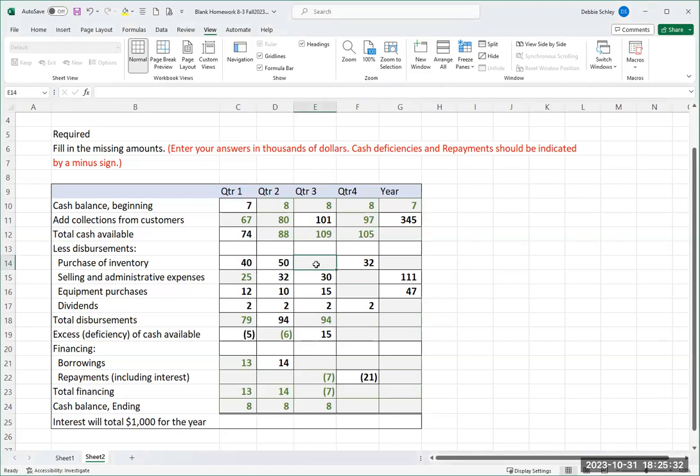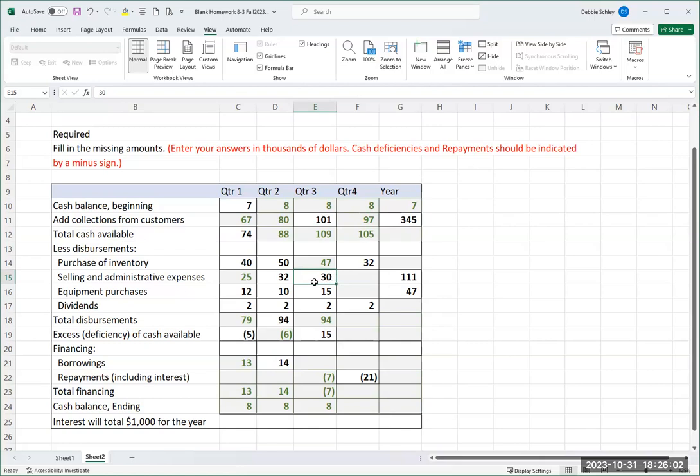So this one, we know that purchase of inventory plus selling and administrative plus equipment purchases plus dividend equals total disbursements. So again, we'll just reverse. We'll take total disbursements minus selling administrative minus equipment minus dividends, and what's left over has to be purchase of inventory. Okay, sorry I skipped that one, but all of these others are still okay.